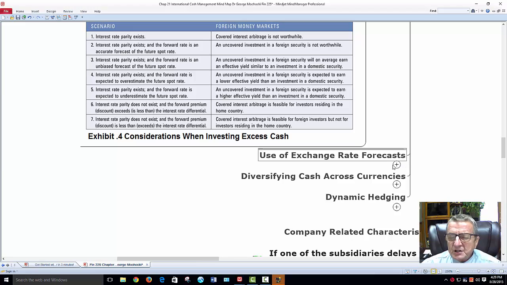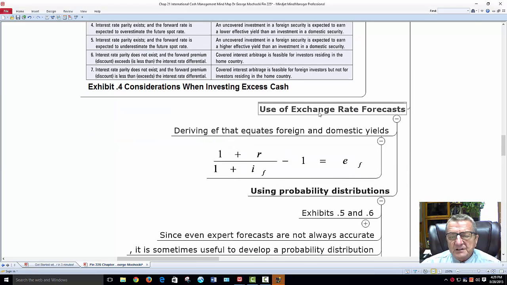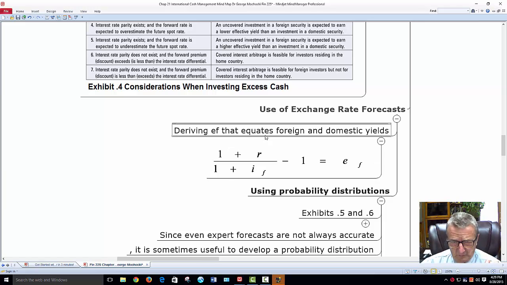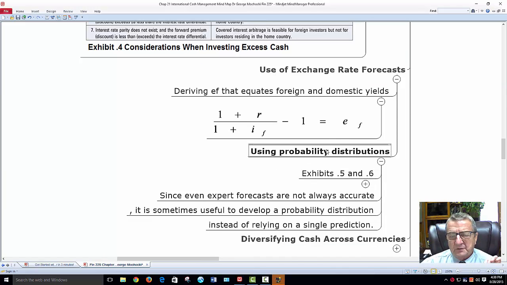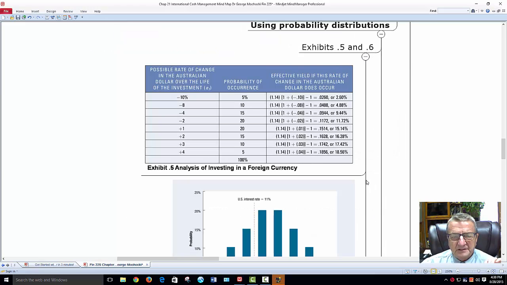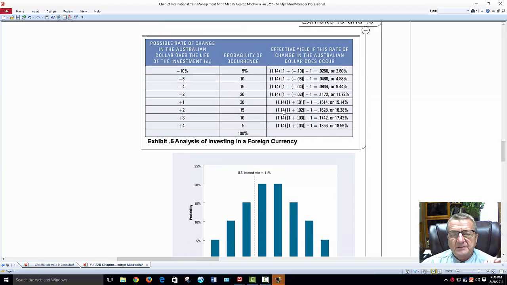Okay, now using exchange rate forecasts, deriving the effective yield equates foreign and domestic yields. I have that using probability. We've talked about this. If you're not familiar, stop and look at the probability that's going to occur.